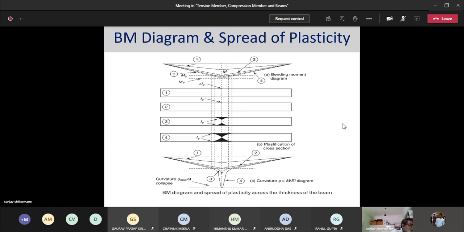And the dark spots that you're seeing are the onset of plasticity in the system. From no plasticity, there is a certain amount of plasticity, to a higher amount of plasticity. And when this triangle on top meets this triangle at the bottom, which is here, you have got a total plastic section.